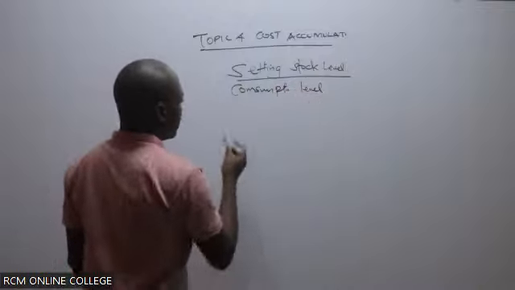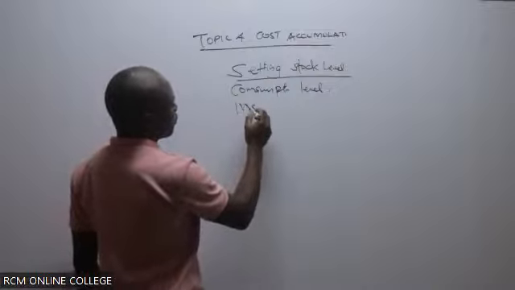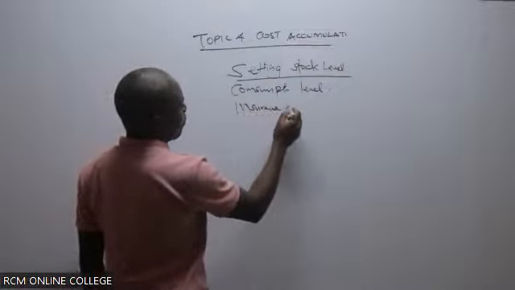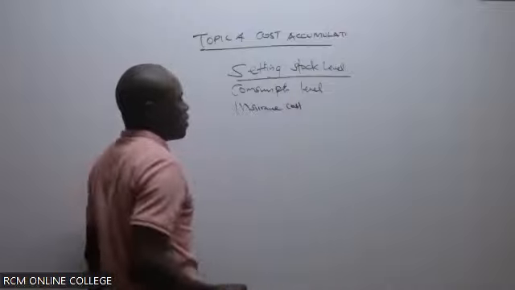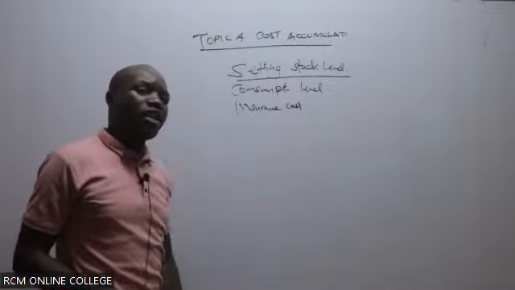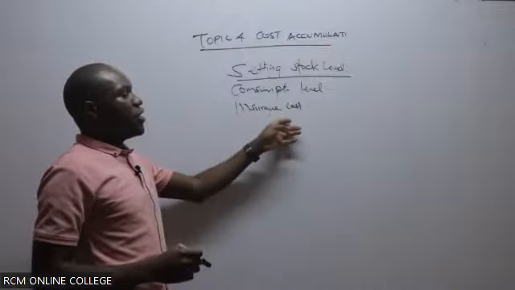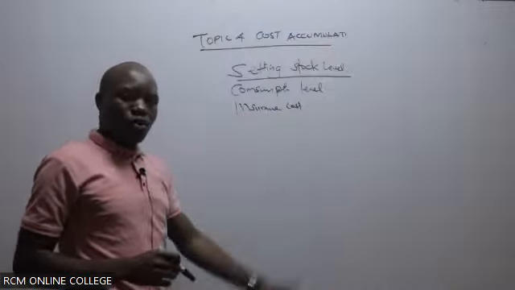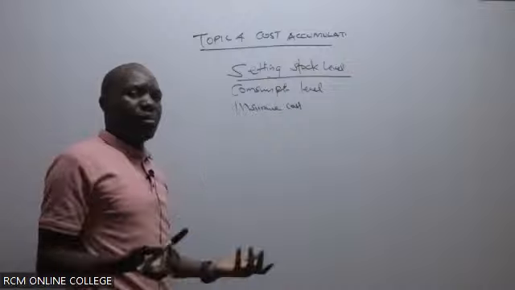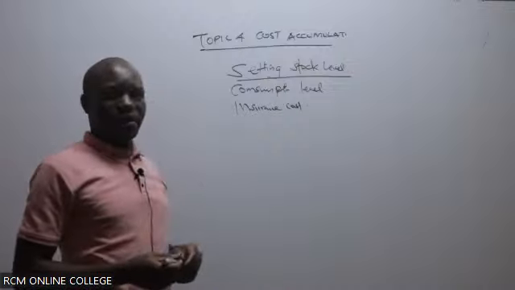I'm able to see insurance cost. There are some goods that you are going to buy and then you insure. So if the insurance cost is so high, you'll reduce the quantity for you not to pay a high amount to the insurance company.